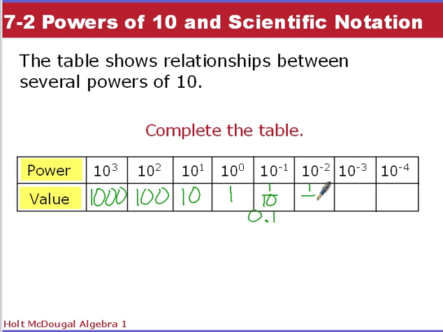This would be the same as 1 over 10 squared, or 0.01. 1 over 10 cubed would be 0.001, and 1 over 10 to the fourth would be 0.0001. You start here, move it 1, 2, 3, 4. You can also look at it and see we have 4 zeros, 3 to the right of the decimal, and make sure. So powers of 10.